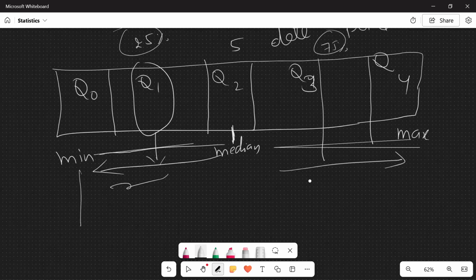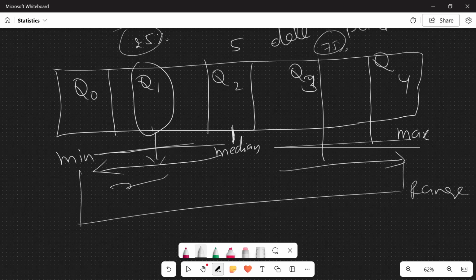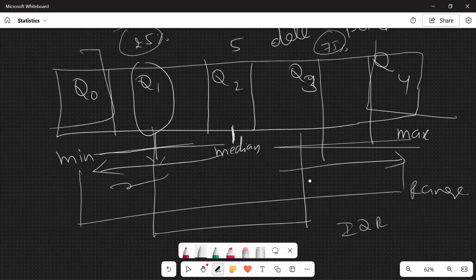From the five-number summary, the difference between min and max is the range. The difference between Q3 and Q1 is the interquartile range, because for it you remove the two outer values and keep the middle three. Range is max minus min, and here max is Q3 and min is Q1. That is the interquartile range.